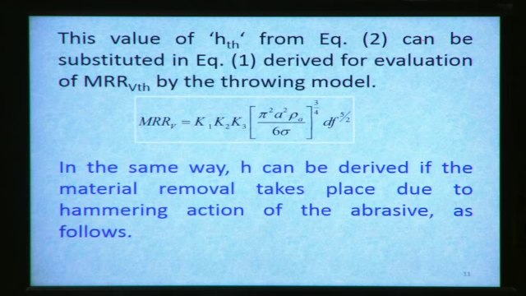In the same way, h can be derived if the material removal takes place due to the hammering action of this abrasive. We have already calculated the depth of indentation for the throwing model. In the same way, you can calculate the depth of indentation by this hammering model.